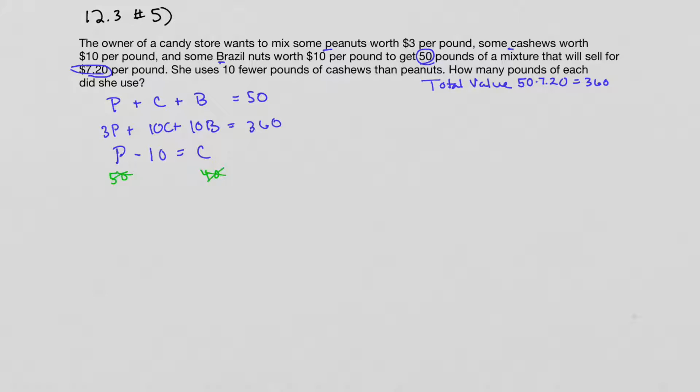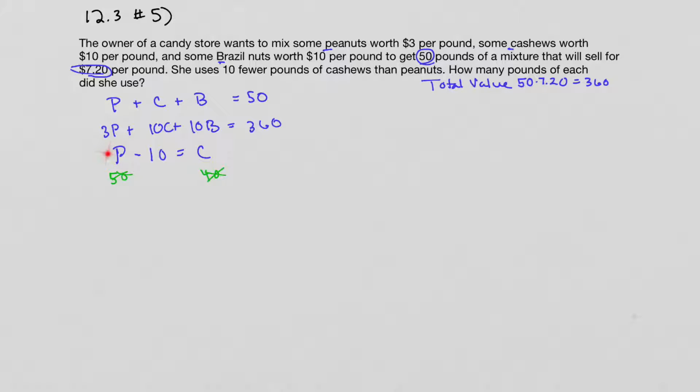So we have three equations and three variables. If you want, you could start by substitution. We have to get down to two equations and two variables. And when you already have one equation with one variable, one equation with two variables like we have in this one, you could use substitution. Another way, though, is just to get another equation with P and C. So this third equation doesn't have any B's in it.